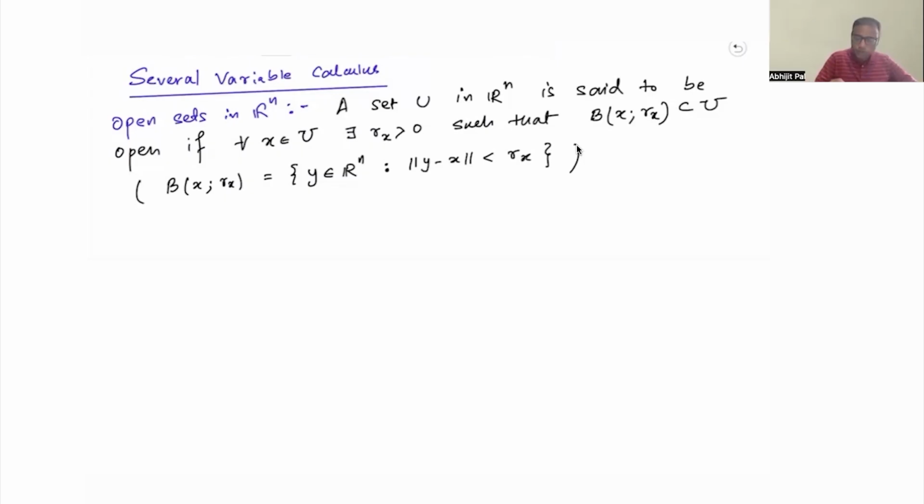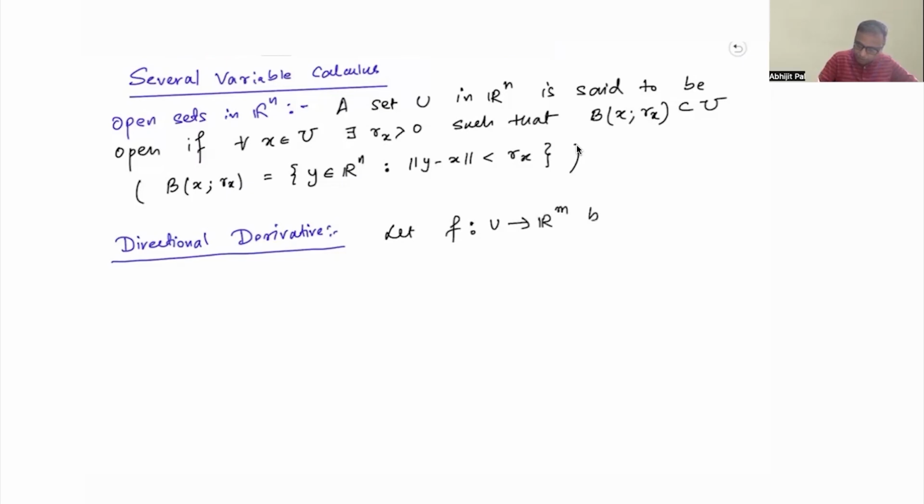Now we are first going to give the definition of directional derivative. Let f from U to Rm be a function.